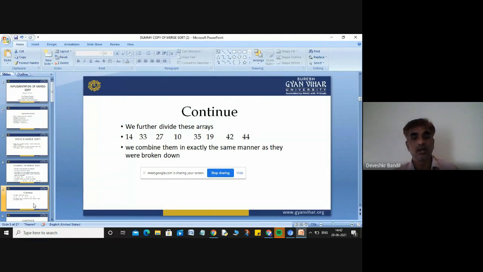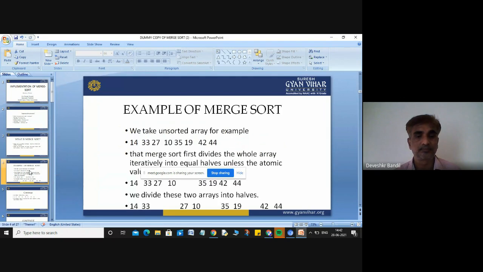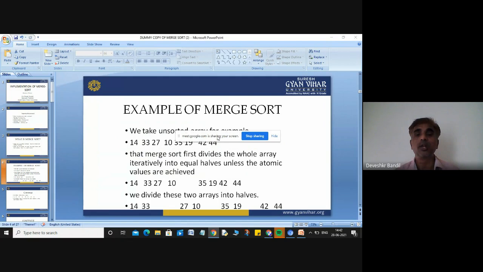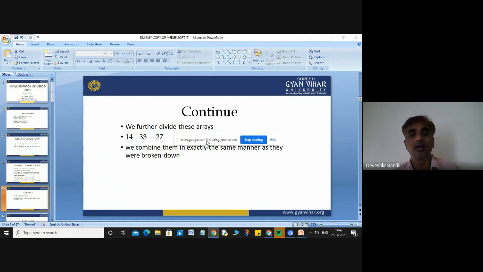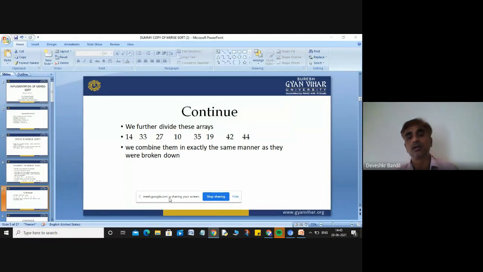You can see in this given slide, I have divided the whole array iteratively into equal halves until the atomic values are achieved, like 14, 33, 27, 10, 35, 19, 42, and 44.